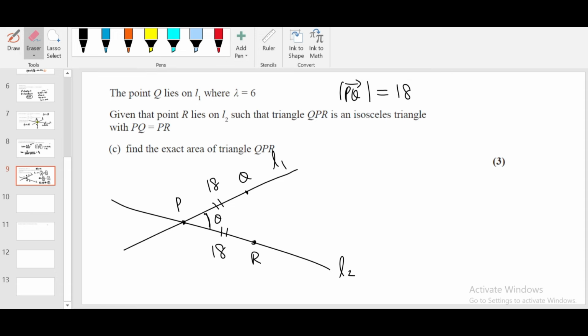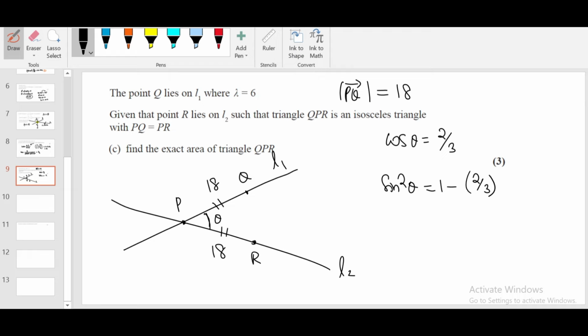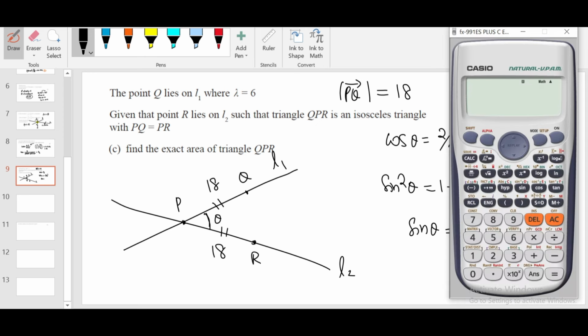So using the trigonometric identities, we have already got cos theta is 2 over 3. We know sin square is equal to 1 minus cos square. So from here you find sin theta. Square root of 1 minus 4 over 9, which is root 5 over 3.